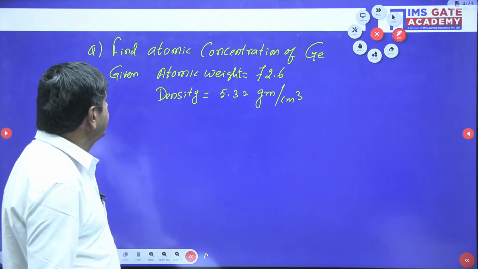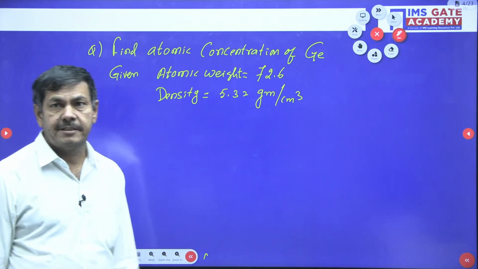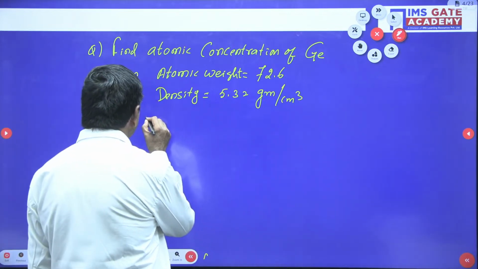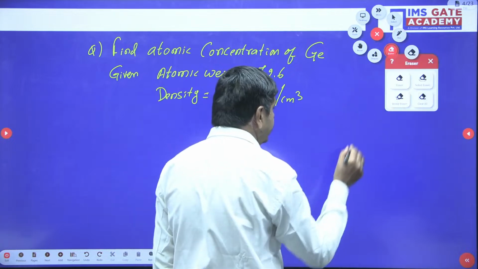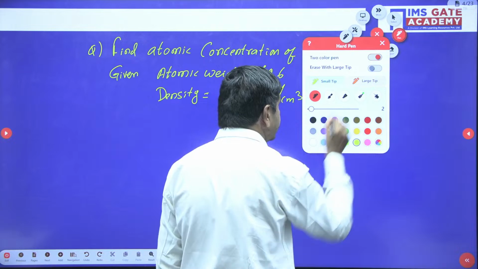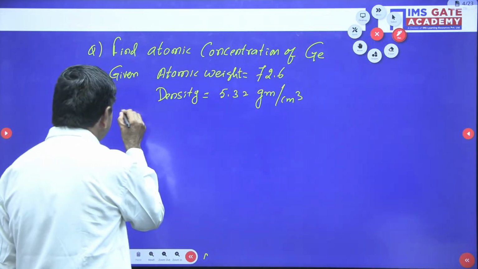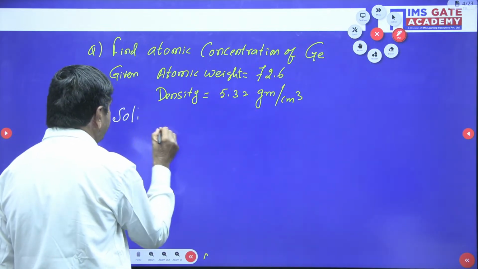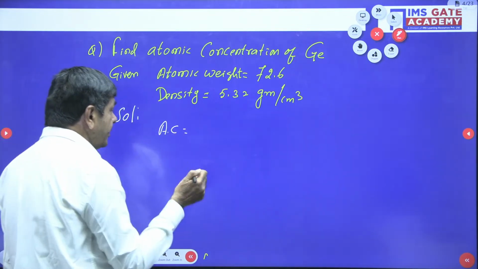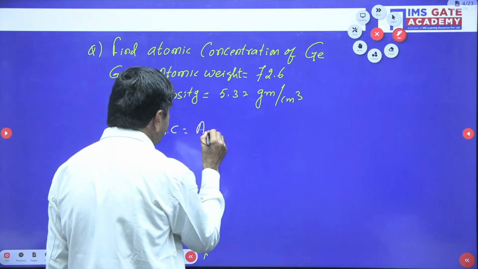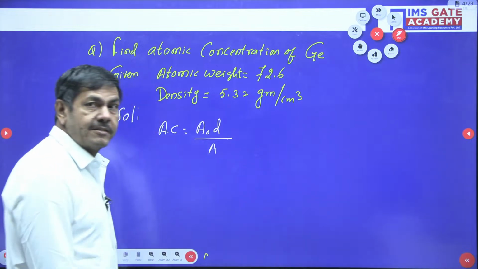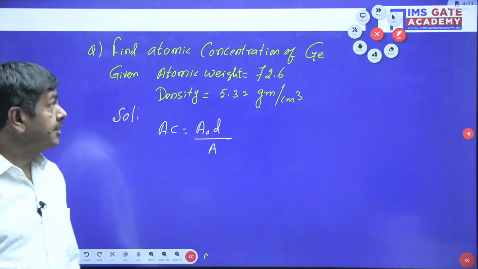We need to find out the atomic concentration of germanium. Just now I gave you the formula. Atomic concentration is denoted by AC. Atomic concentration equals A naught into D divided by A. This formula is given before, so we can substitute all the values here.